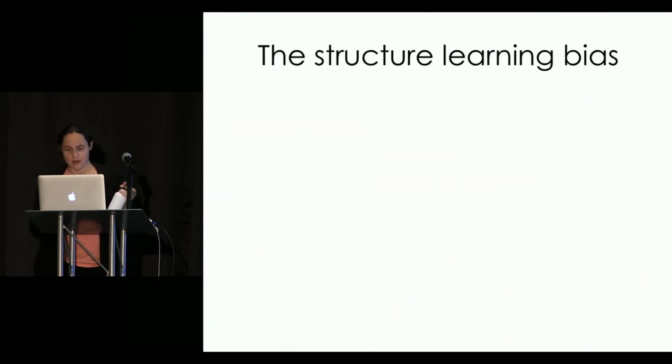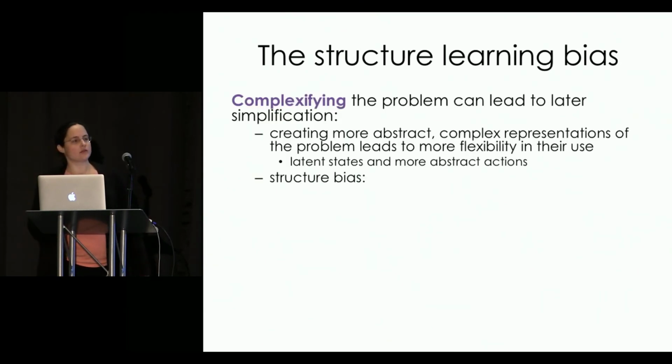And something that I've only brushed upon, but I think is really important, is the fact that in some of those cases, participants actually complexify the problem, make it more complex and more costly to learn for no apparent good reason.